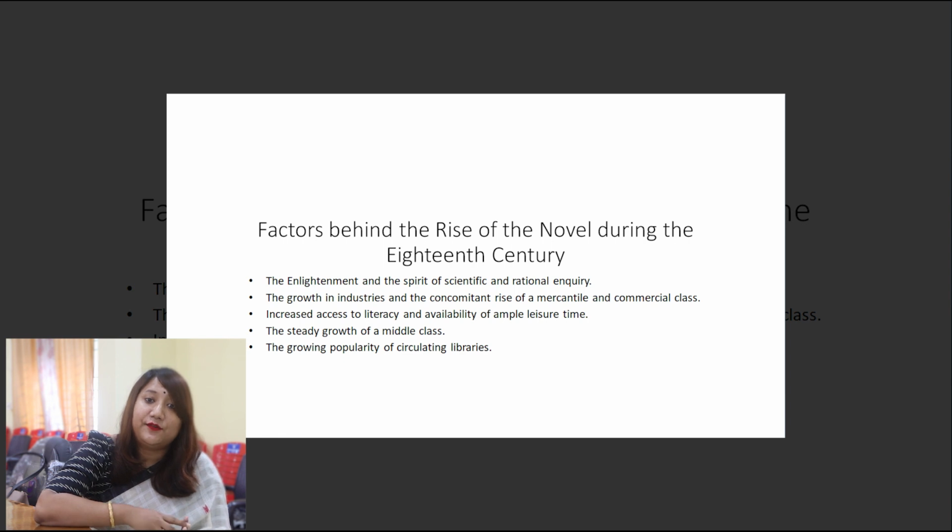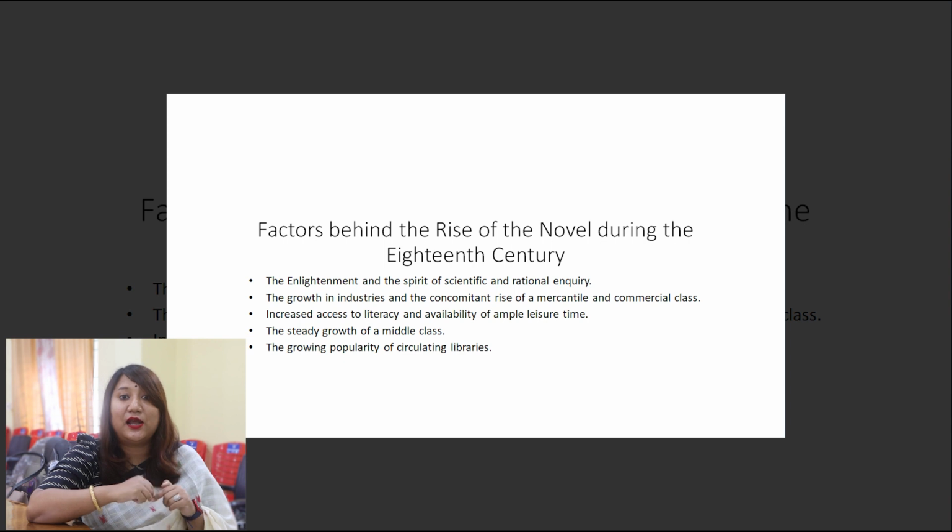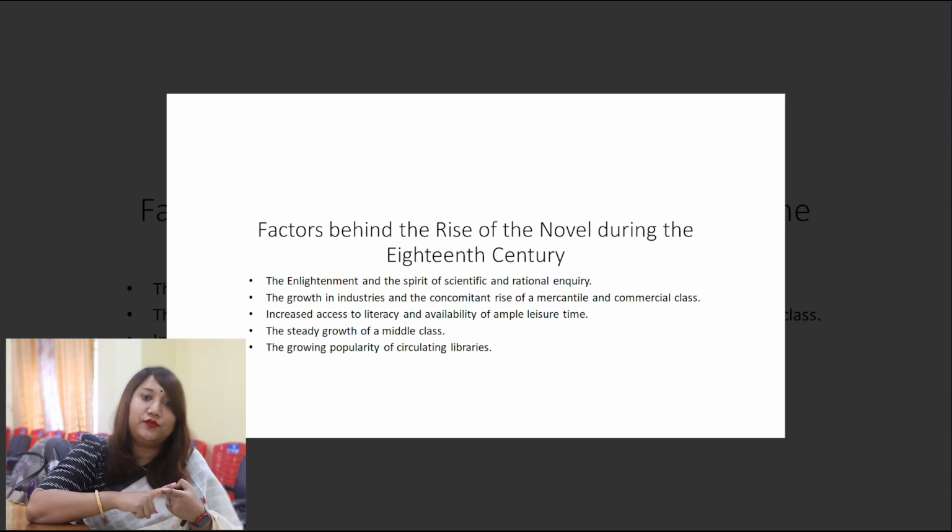In fact, if you look at the history of the English novel, you will see how these libraries were a major factor in consolidating the form of the novel by dissolving any sort of class distinctions in literature. Earlier, there were differences in social classes. Only those of an elite class could dare to own books, could dare to read books.